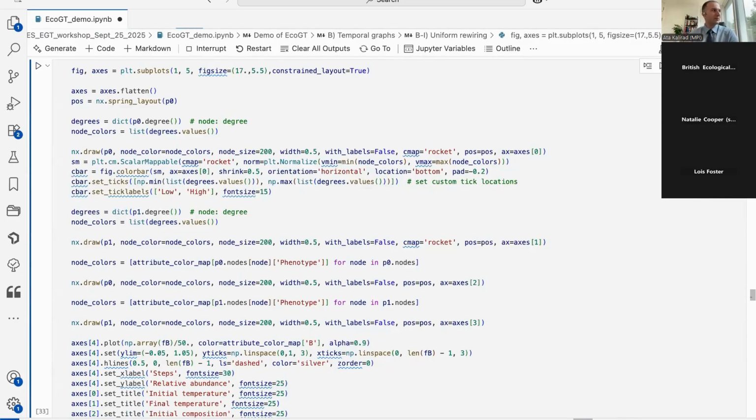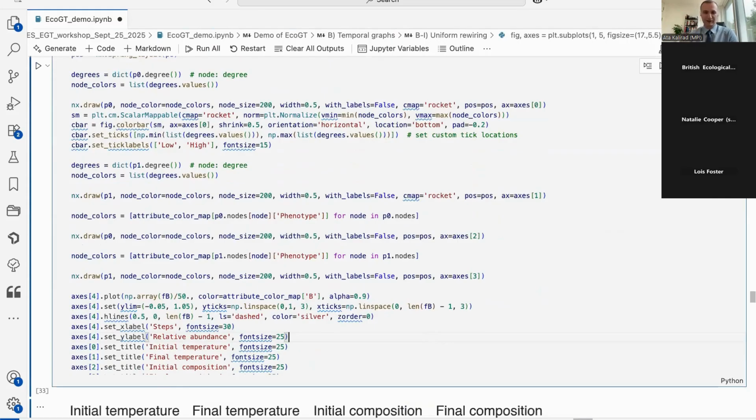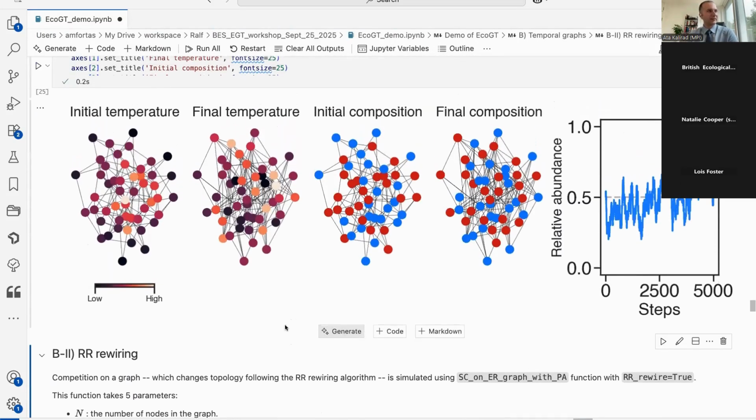In this case, we can simulate it relatively quickly, and as you can see, you have the initial temperature and the final temperature. So as you can see, the rewiring method works.